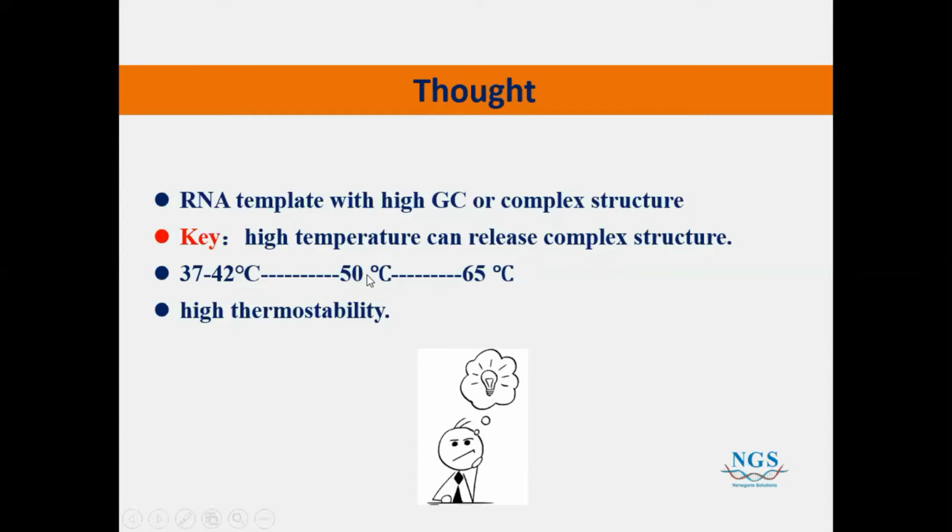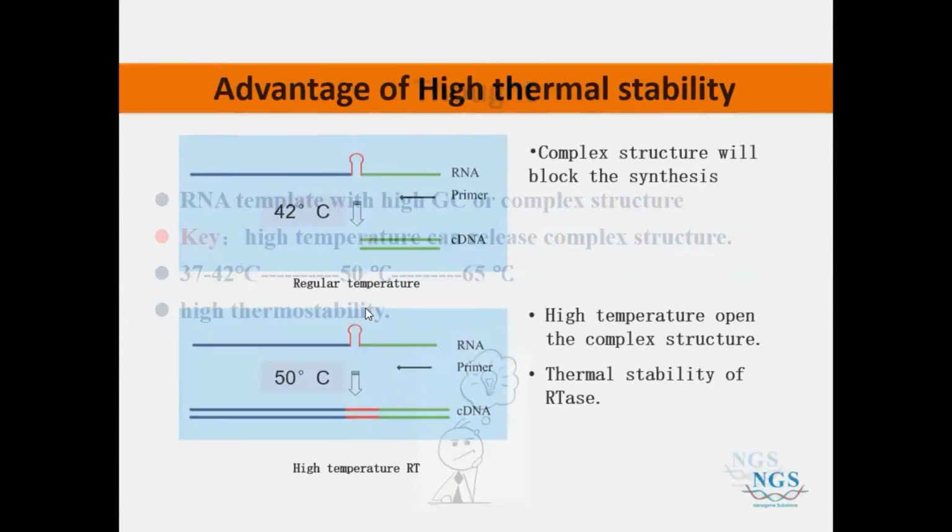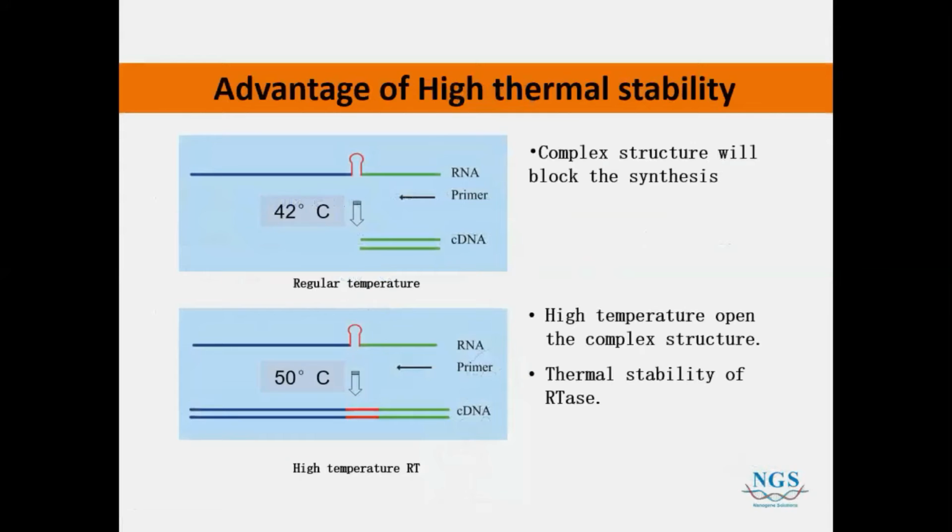But if we increase the temperature this high, to 50 or up to 65 degrees, our RT enzyme may be denatured, okay? So in this case, our enzyme needs to have very good thermostability. So this is the advantage of having high thermostability in your RT enzyme.